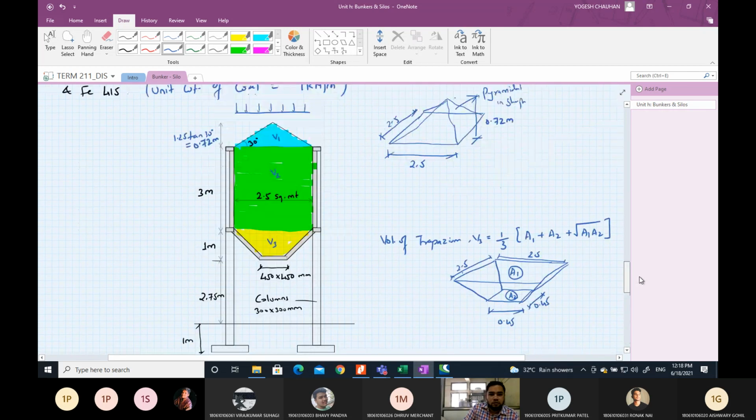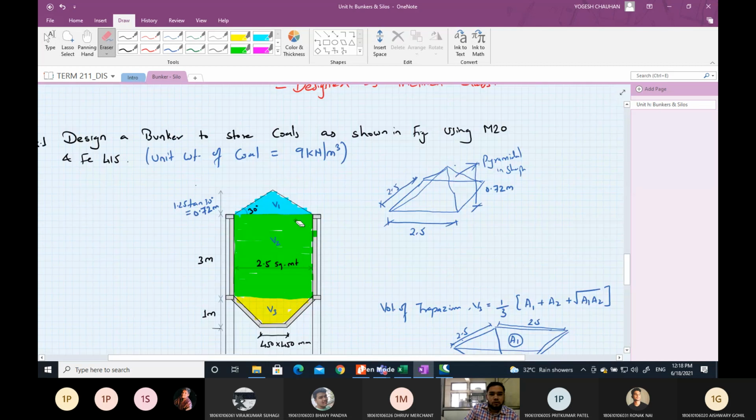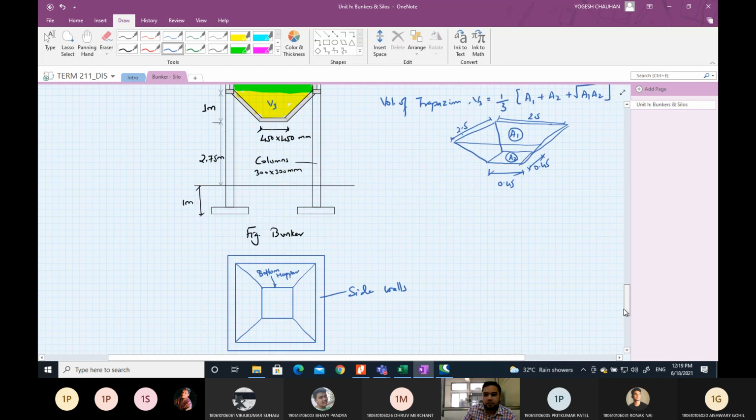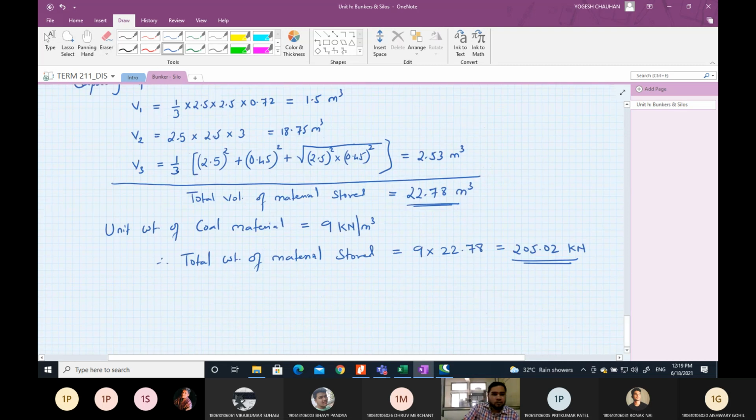Now along with this, there will be a side pressure also, which is due to the material stored inside the side walls. So let us design the side walls.